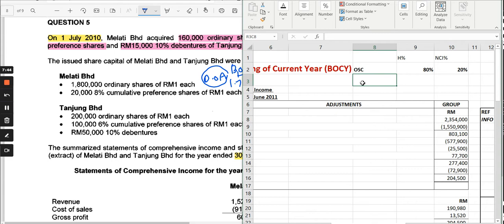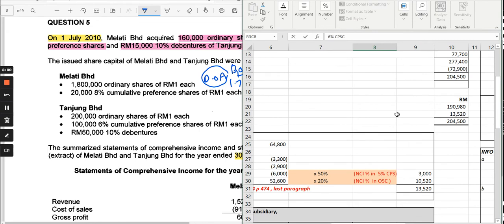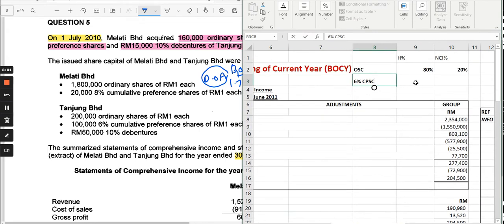And for the preference shares, the 6% cumulative preference shares, if you calculate it correctly, it would be 50% because you acquired half of it. How do you know?